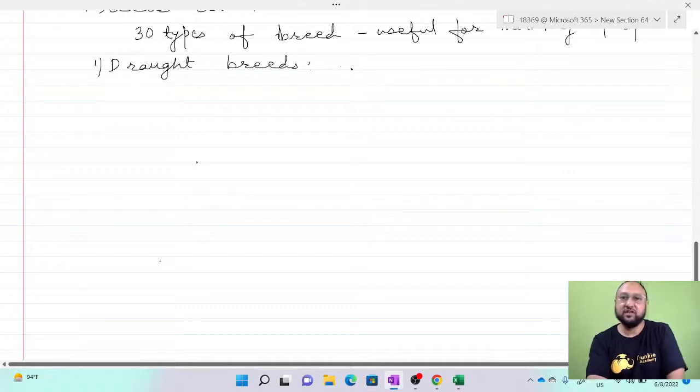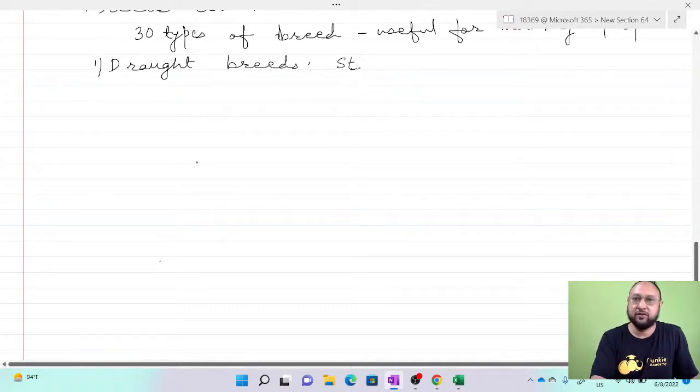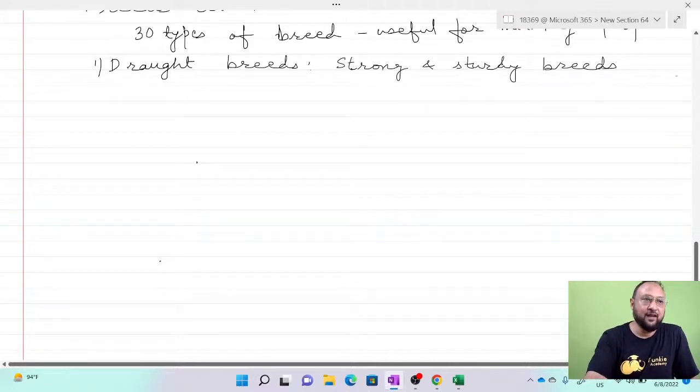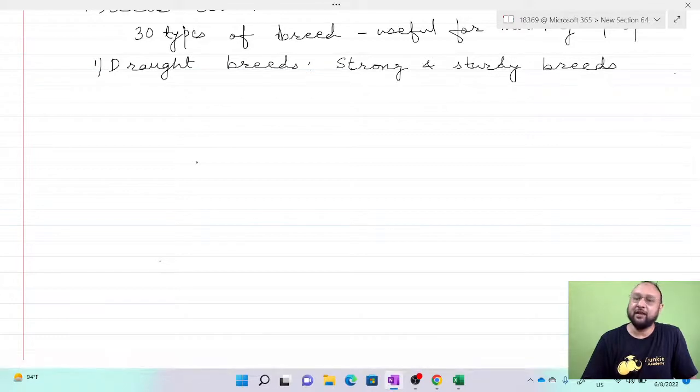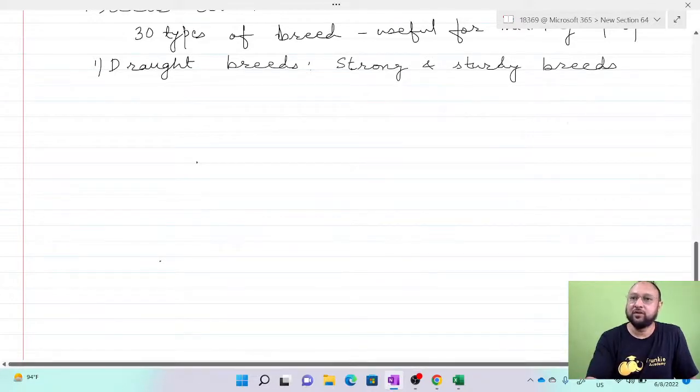These breeds are strong and sturdy. They are the beast of the burden, and they can carry loads.